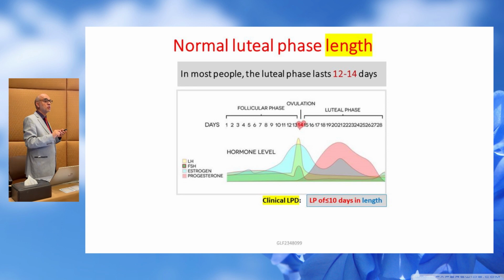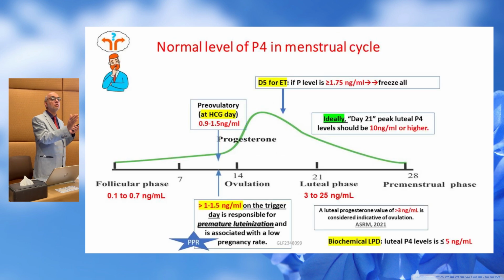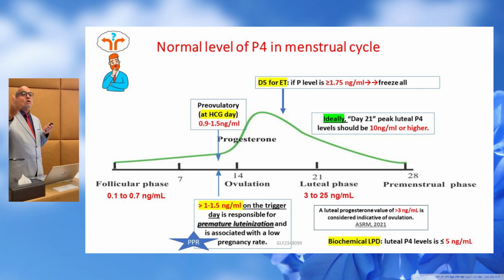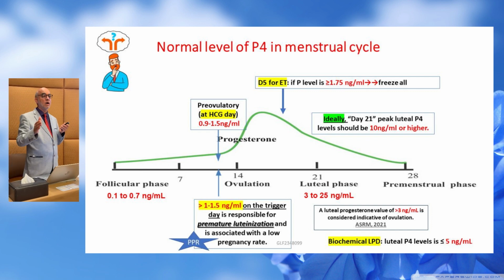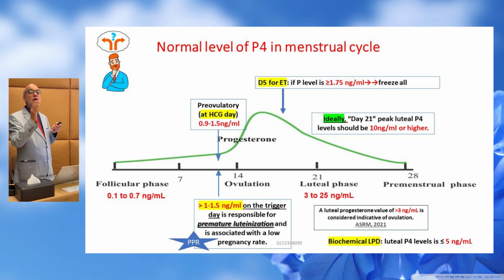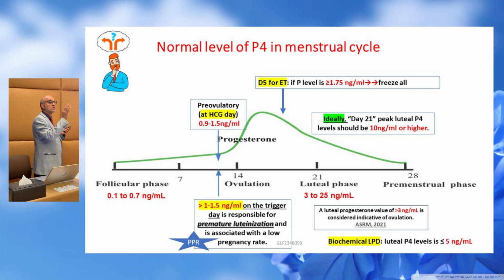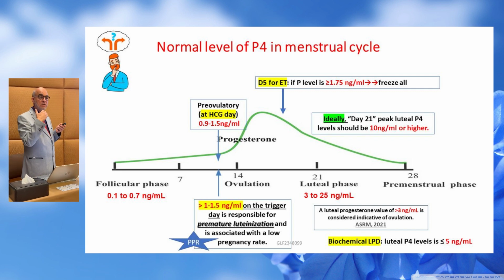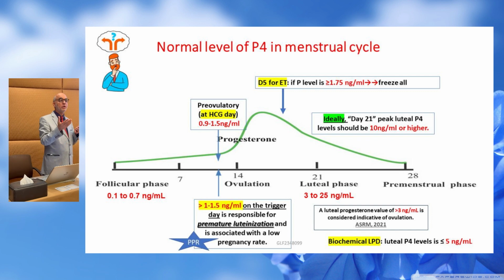What about serum progesterone? In the early follicular phase, the progesterone level should be very low, 0.1 to 0.7. Pre-ovulatory increases up to 1.5. If it increases more than 1.75, this is an indication of cancellation of a cycle of fresh IVF, because a high pre-ovulatory level will lead to poor pregnancy rate.